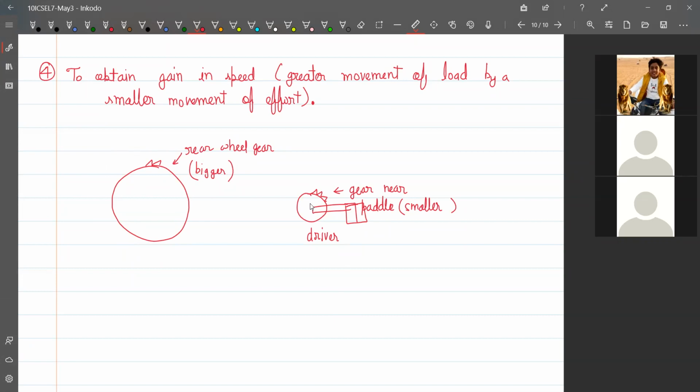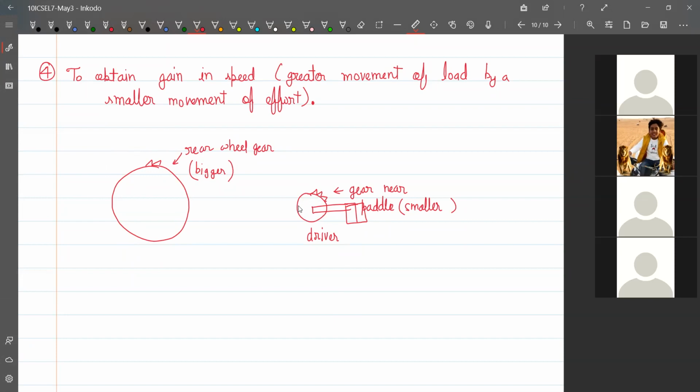When you increase the gear from 1 to 2 to 3, the size of the driver gear becomes smaller, and the size of the rear wheel gear becomes bigger when you increase the speed of the bicycle. So by lesser movement of your feet, you can gain a higher speed.